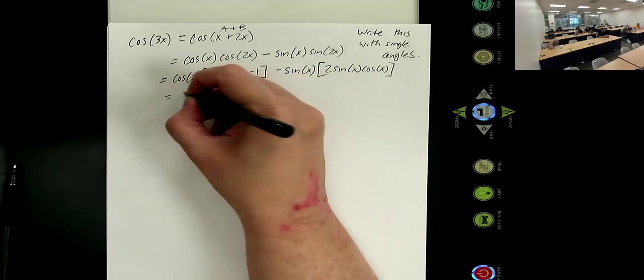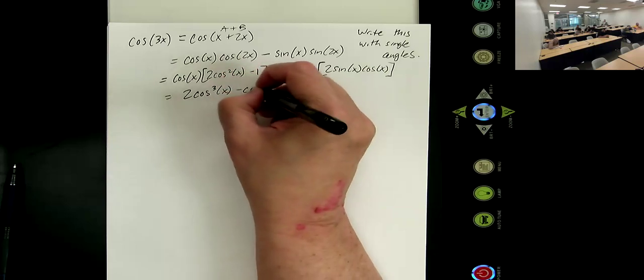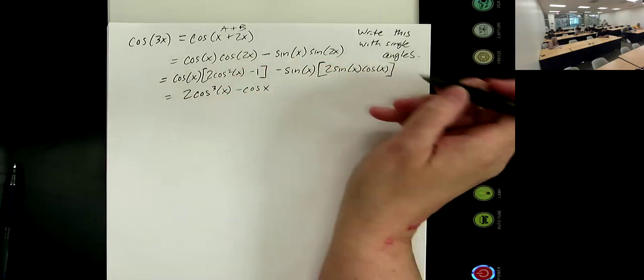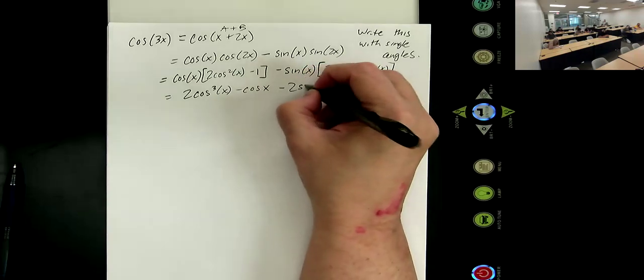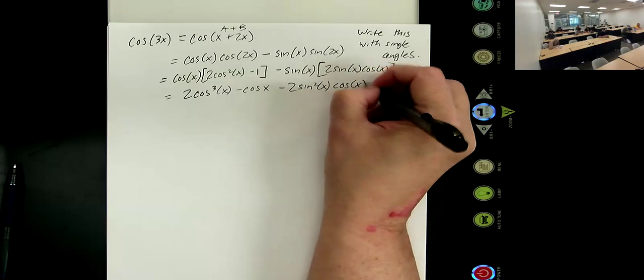If we clean this up, we've got 2 cosine cubed x minus cosine x minus 2 sine squared x cosine x.